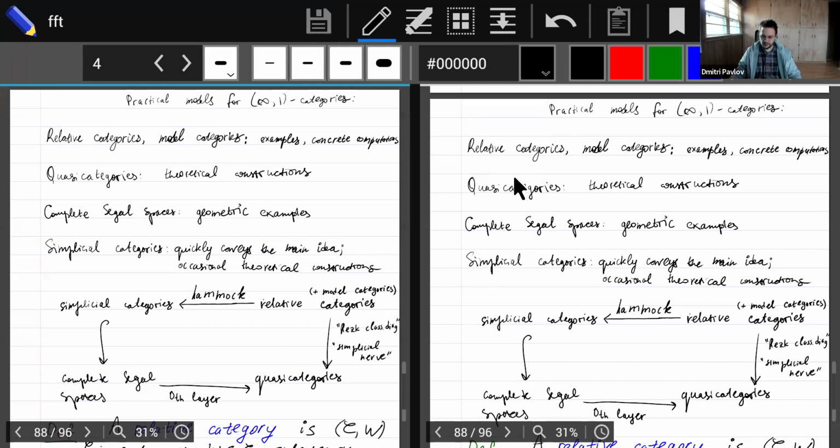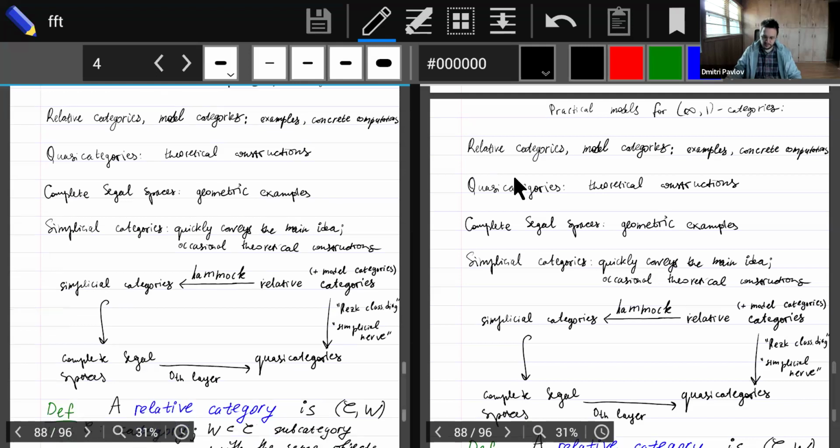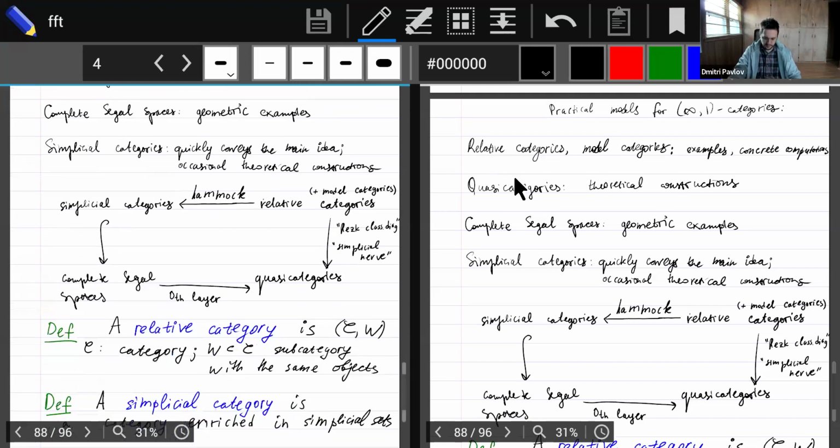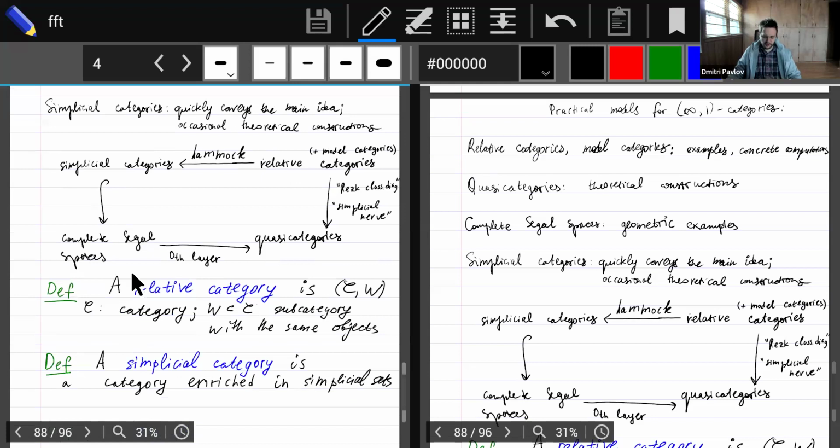A relative category is simply, I think we already gave a definition before, just to remind you, a category C together with a specified subclass W of morphisms. Elements of W are called weak equivalences.